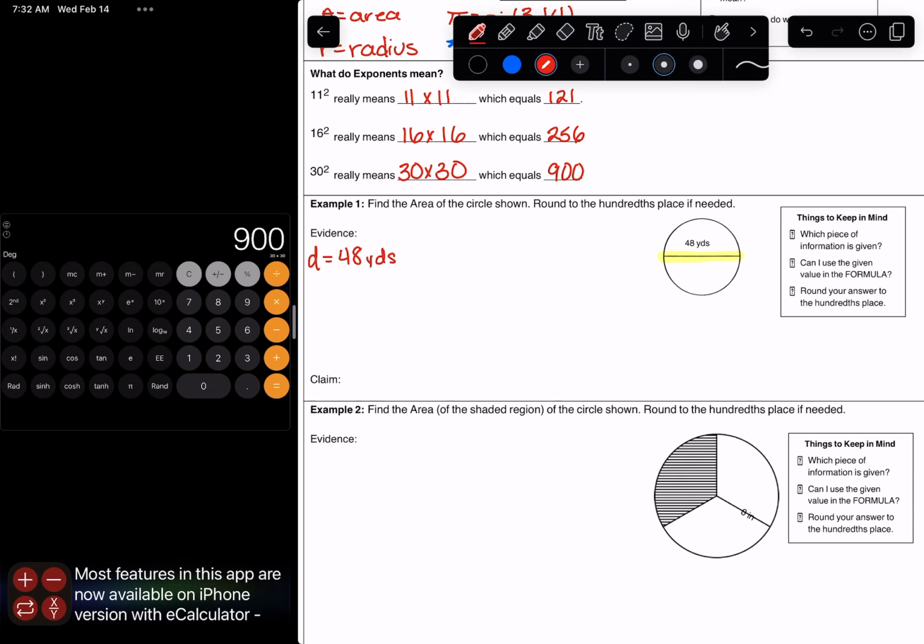Let me rewrite my formula: A equals pi times r squared. In this formula, I cannot use diameter, so I have to find the radius. The radius is half of the diameter, so I'm going to divide the diameter by 2. 48 divided by 2 is 24.